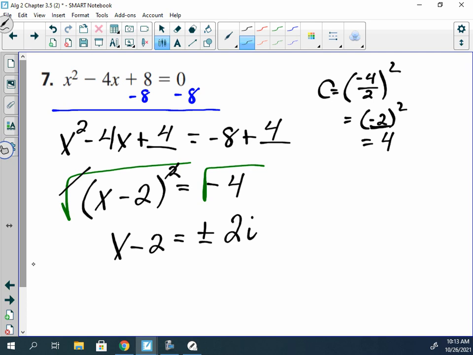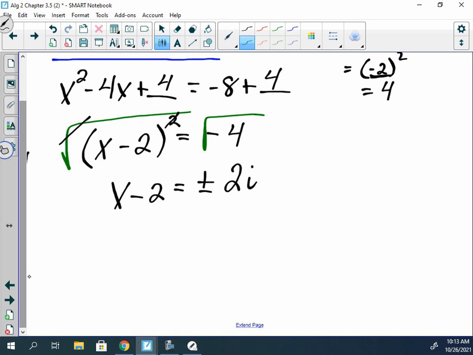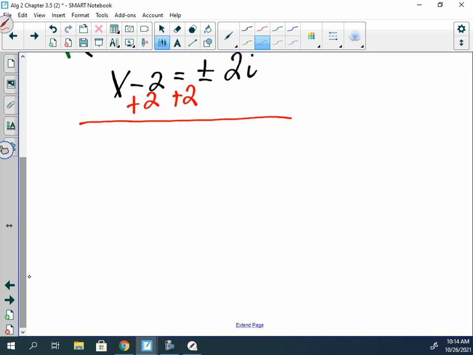We would need those. Now we can get it back to a factored form once we get the answers, but there's no way to go straight from factoring this to these here. It's easier to go from the answer with imaginary or complex answers or radical or irrational solutions back to factored form. But we do have one last thing: we add 2 to both sides.